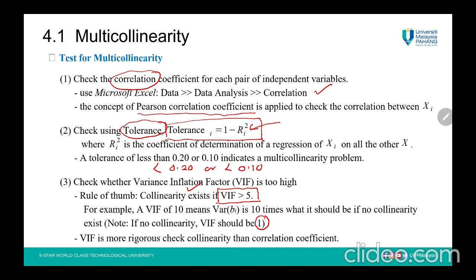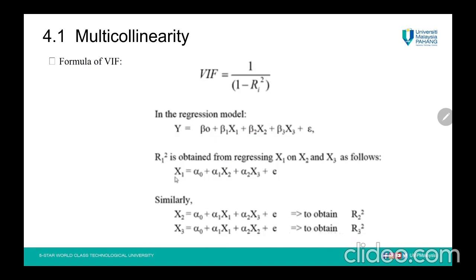VIF is more rigorous check collinearity than correlation coefficient. This is the formula for VIF, where Ri squared here is the coefficient of determination of a regression of xi on all other x.